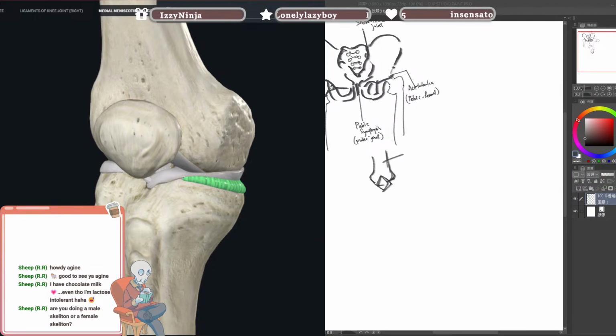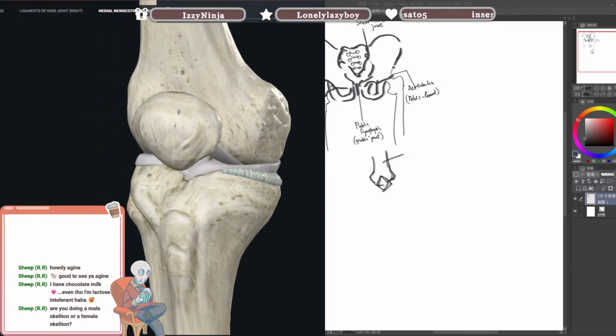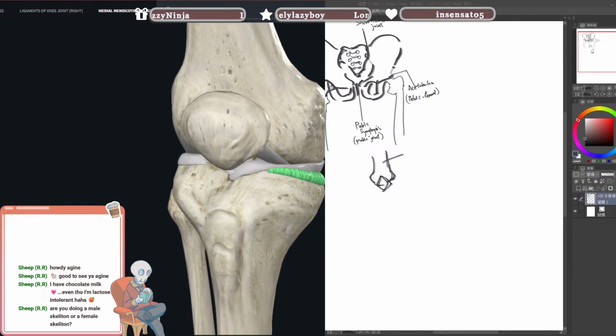There are two on here, the tibia and the fibula, and the femur is here. Femur, tibia, and fibula. There you go.